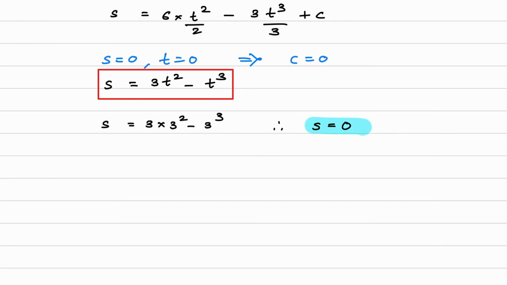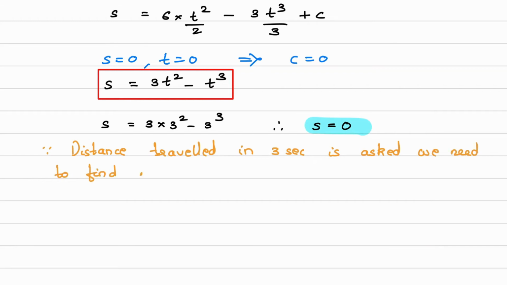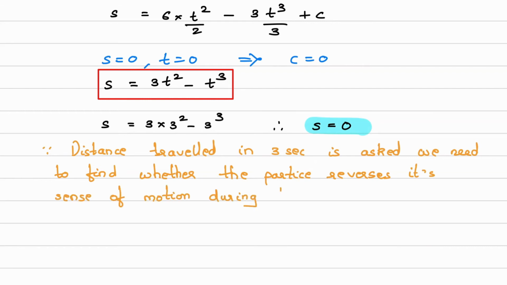So we'll draw the diagram for that. Before that, I'll write down a small statement over here. Since distance traveled in 3 seconds is asked, we need to find whether the particle reverses its sense of motion during the 3 second motion.